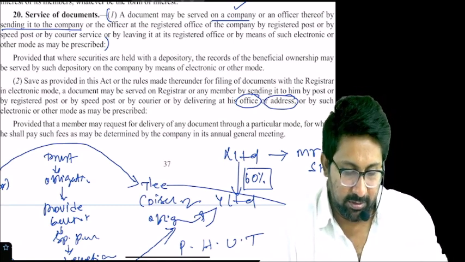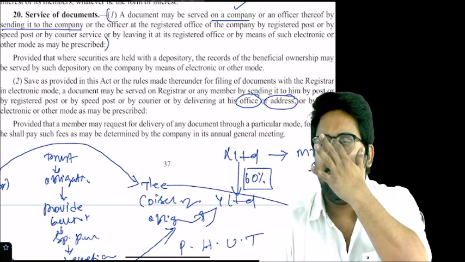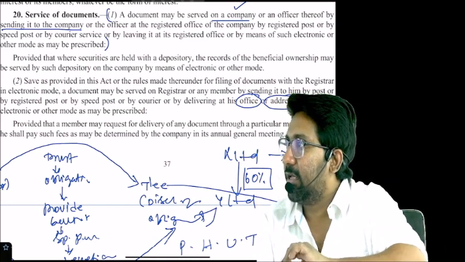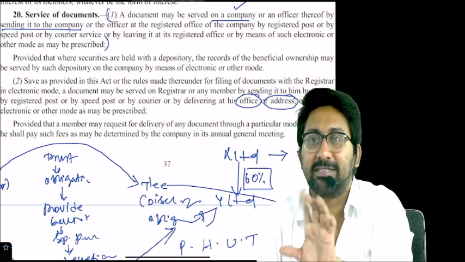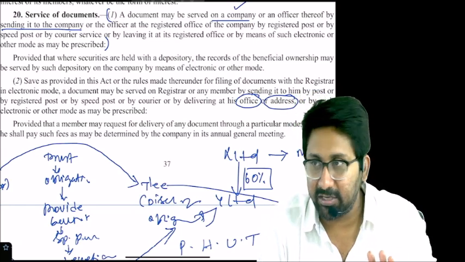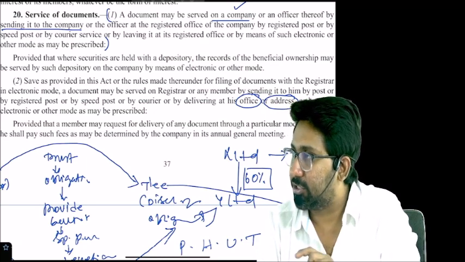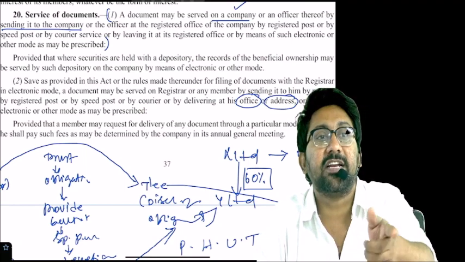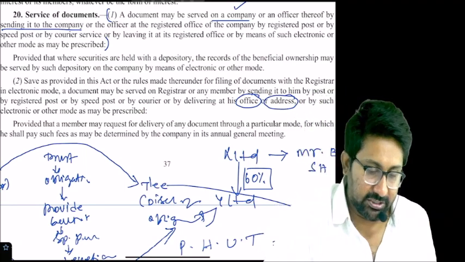Okay. Now listen. When I say registrar address, in capacity as a registrar, you have to see that, not in his personal capacity. Are you understanding or not? When I say registered address or registrar address, in capacity as a registrar, where he resides, that address you have to take. Clear, everyone? So therefore, this is the point.